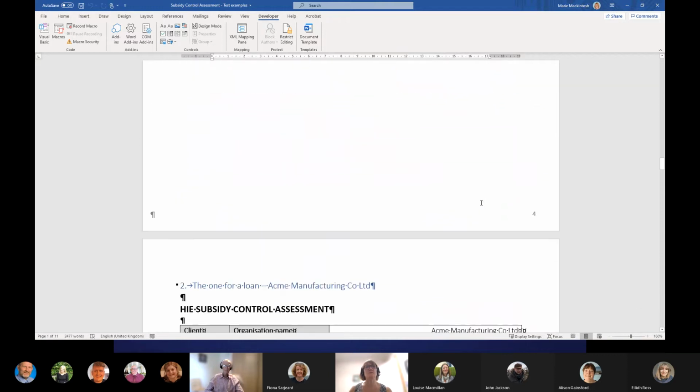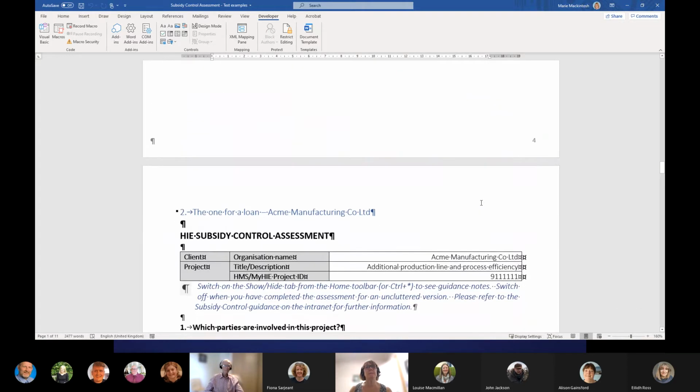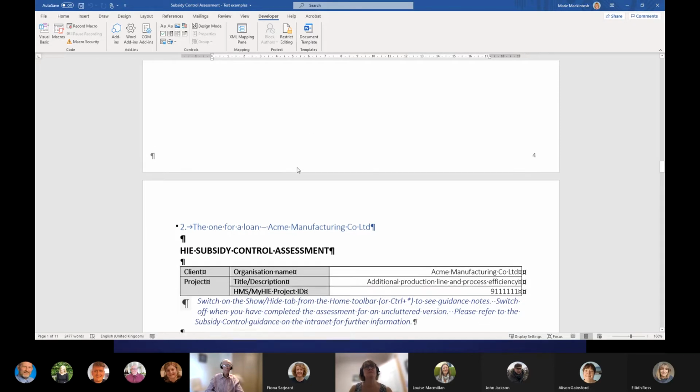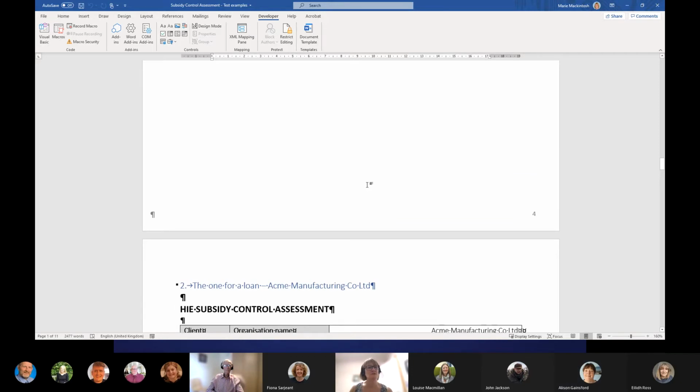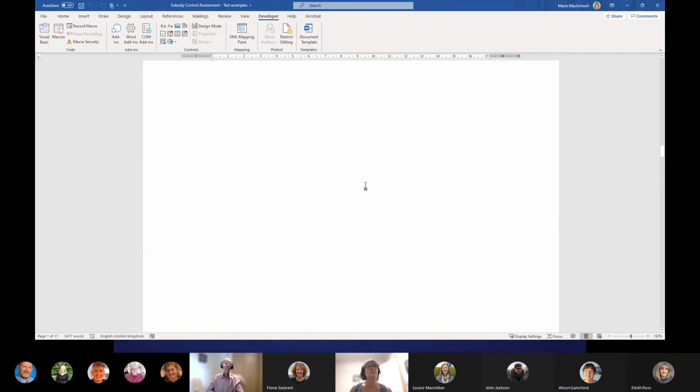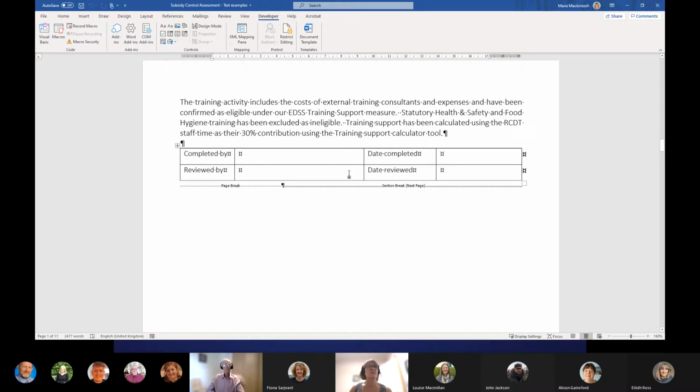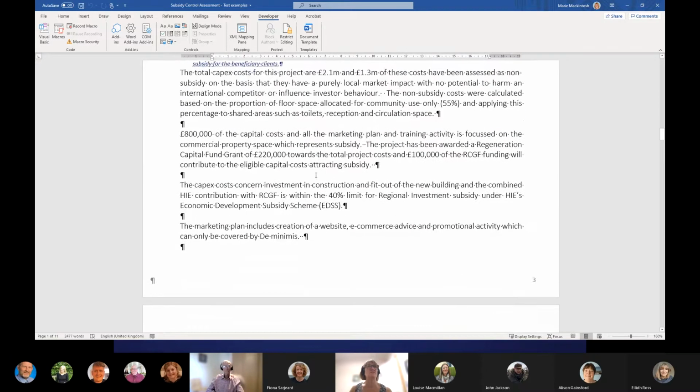One of the other ones that we looked at, and I see Ali, you're on the call, aren't you? It won't work in PowerPoint, but in Word, I discovered how to get rid of the sections if you've got a non-state aid assessment and you just want to keep the front page of your assessment and maybe section 7 and get rid of the rest, as I've done here for speed.